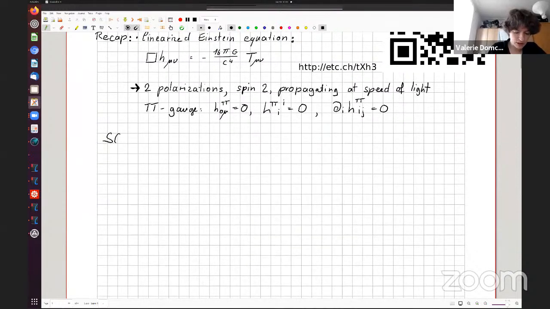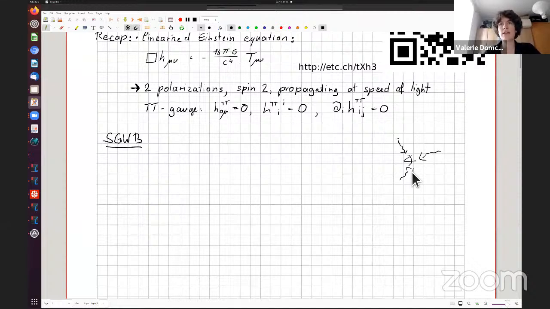So this object that we'll be talking about today is the stochastic gravitational wave background. The idea is that you are an observer here, and you have gravitational waves coming from all directions of space with different frequencies, and they could have completely different origins.